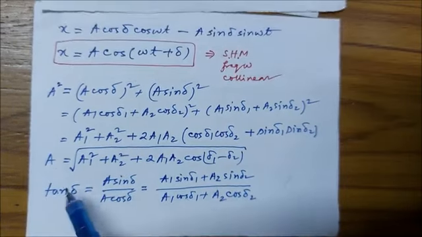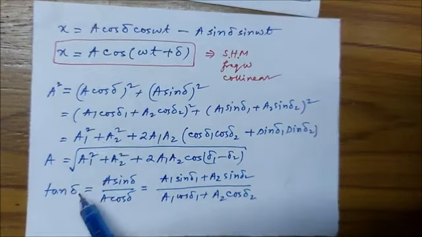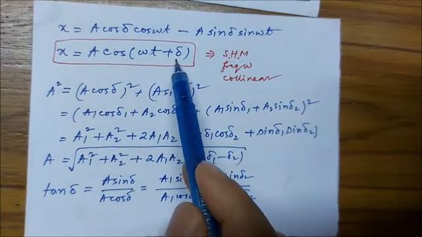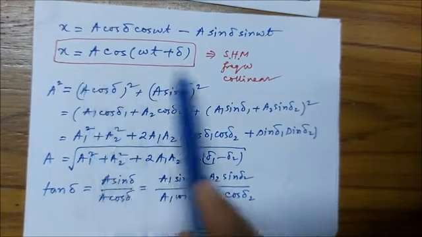Here A is the amplitude and delta represents the phase part of the resultant SHM.